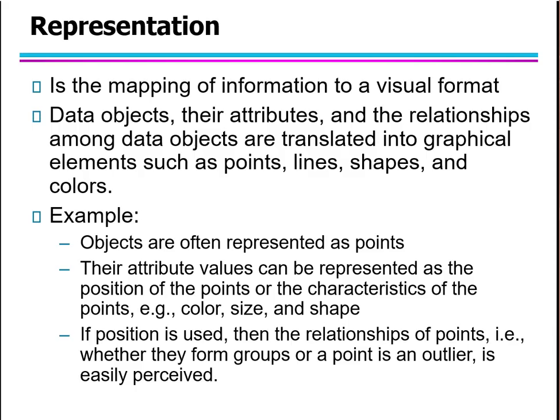For example, objects are often represented as points, with their attribute values determining the position of the point or their characteristics like color, size, and shape. When positioning is used to represent attribute values, relationships between points, such as whether they form groups or if a point is an outlier, become easily perceptible.